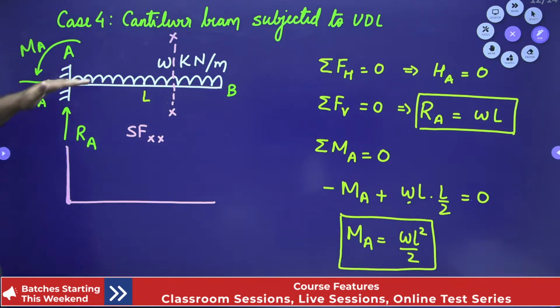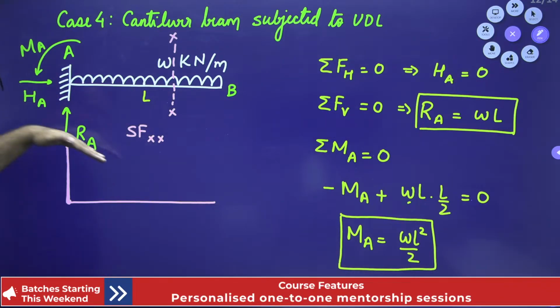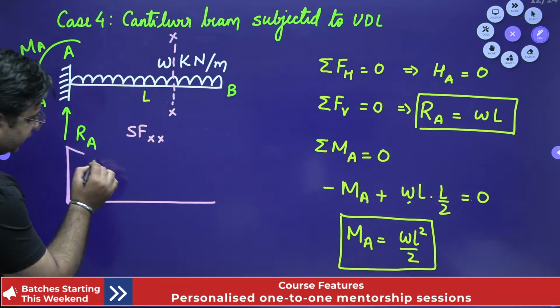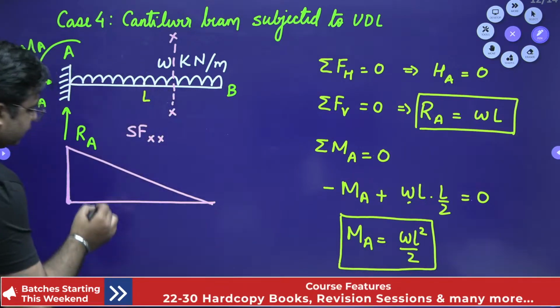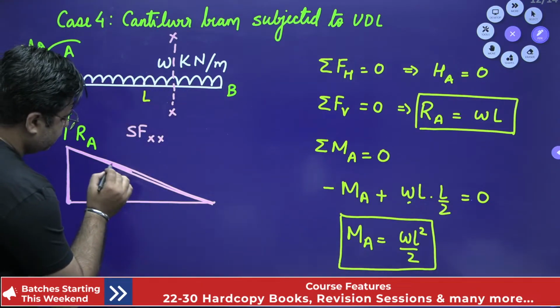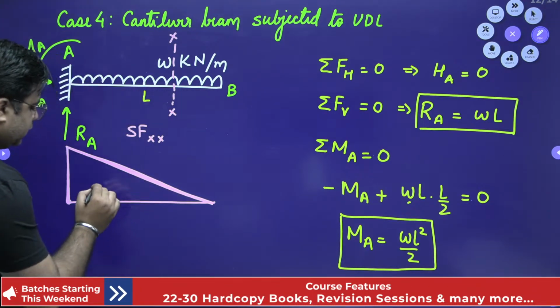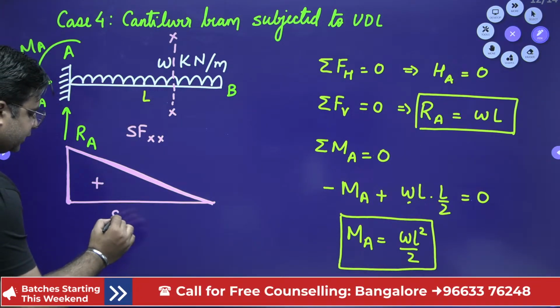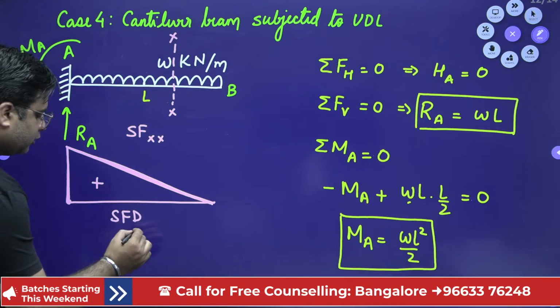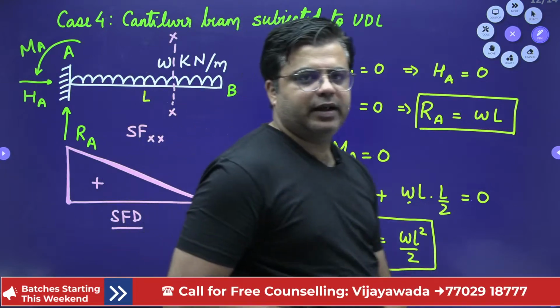Then this UDL will give a slant line to the shear force diagram. So the shear force diagram keeps on decreasing like this. This is the SFD for this cantilever beam over which UDL is there, right?